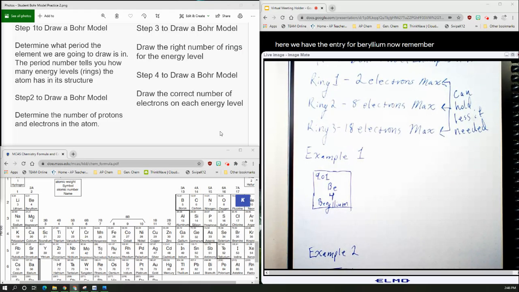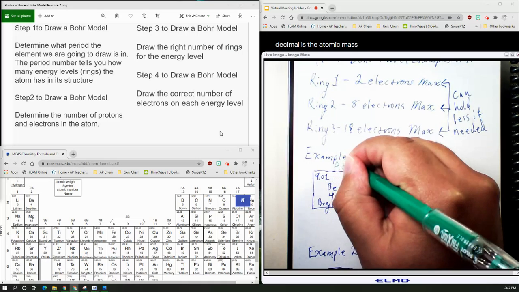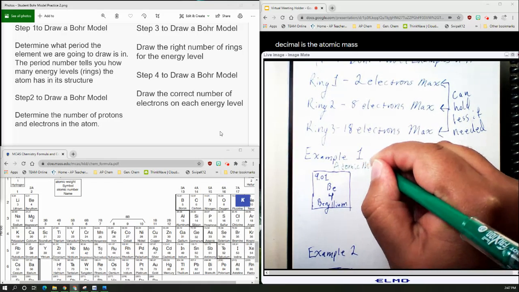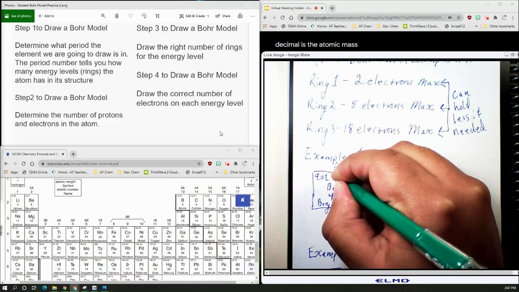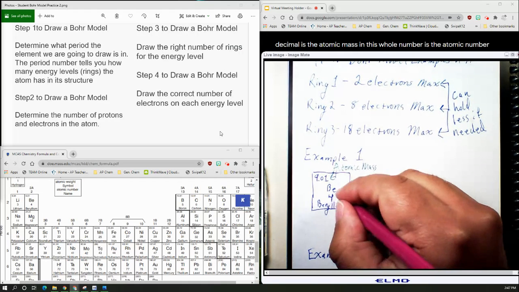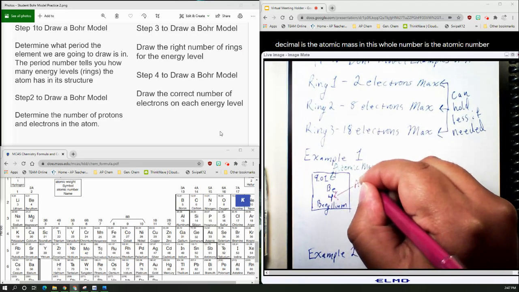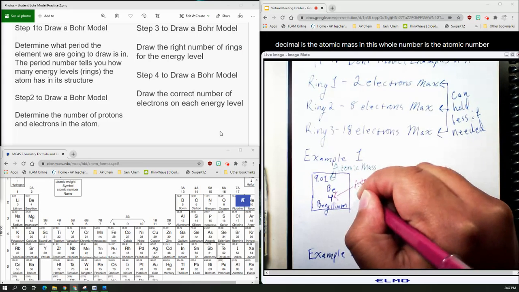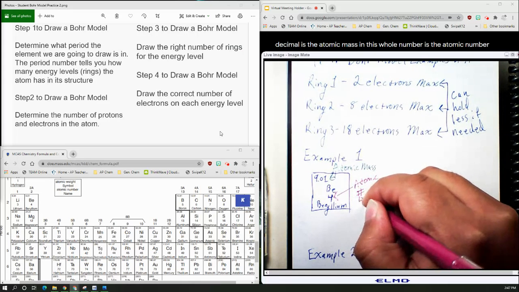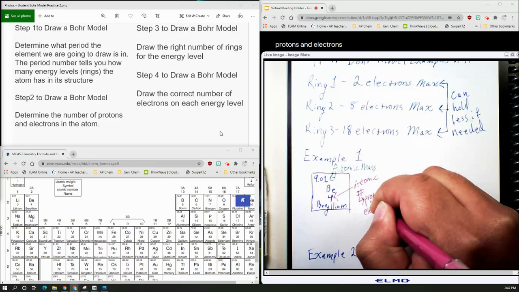Now remember, the number with the decimal is the atomic mass, and this whole number is the atomic number. So that's our protons and electrons for now.